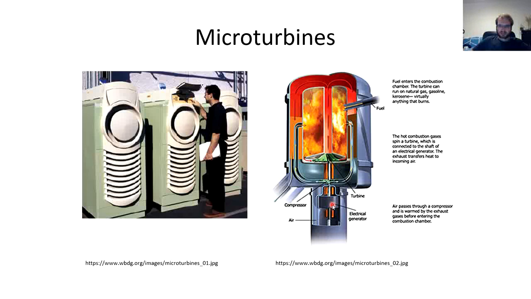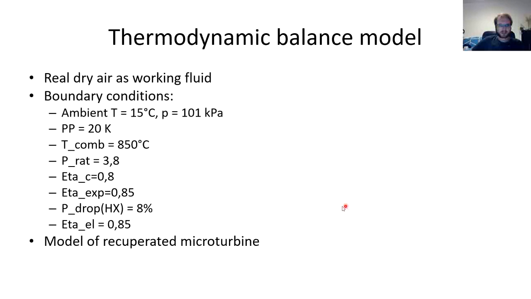So you typically have a permanent magnet generator creating a very high frequency voltage, and this typically needs to be rectified and converted by inverters or other electronics to the regular voltage and frequency which we have in the power grid. Yeah, and the model will of course be steady state, and we can get to it.